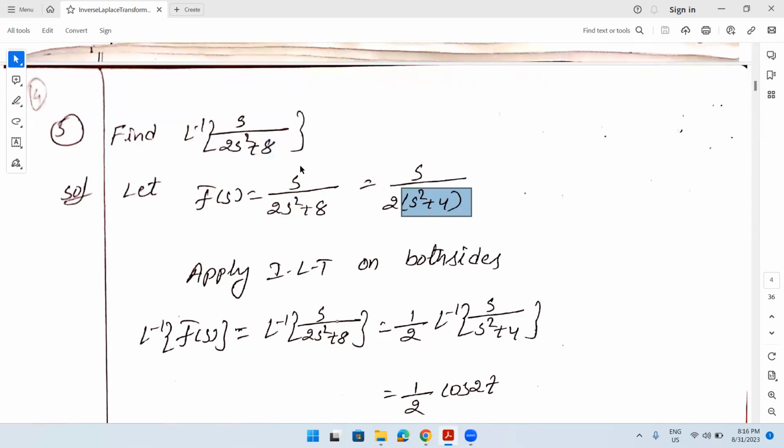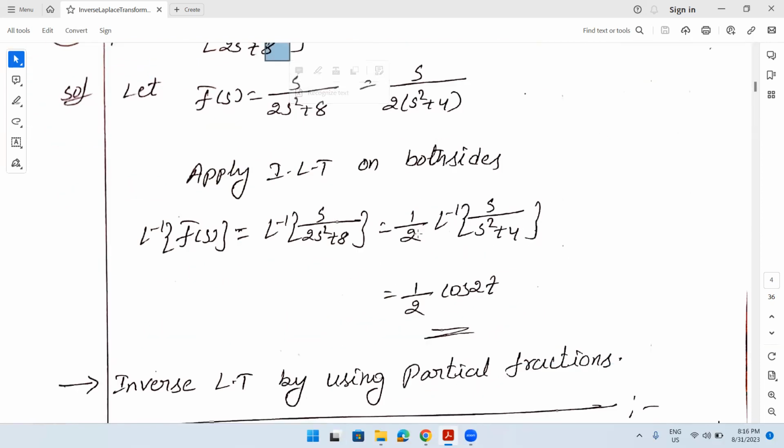After taking 2 common and applying the inverse Laplace transform, we get s by s square plus a square, where a square is nothing but 2 square. What is s by s square plus a square? It is cos at. Here a is 2, so cos 2t. So this is the direct formula.